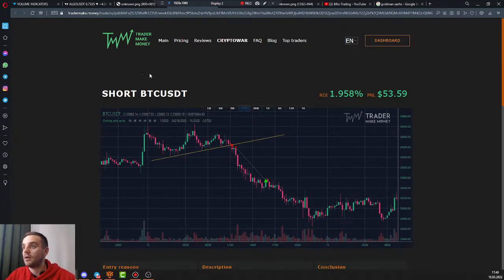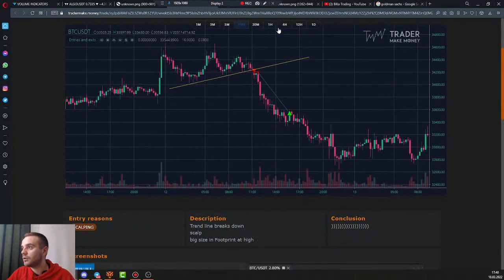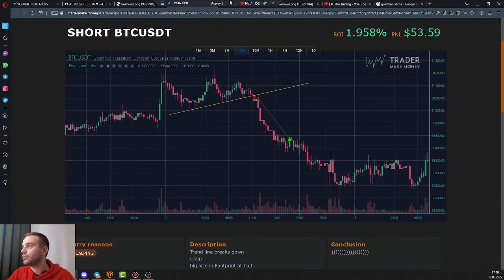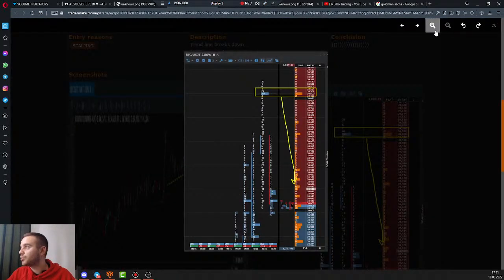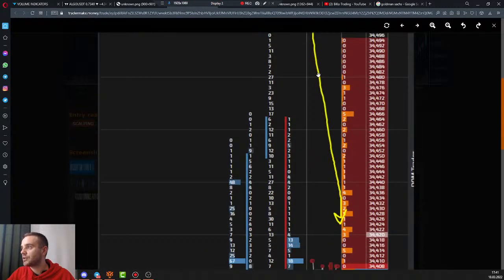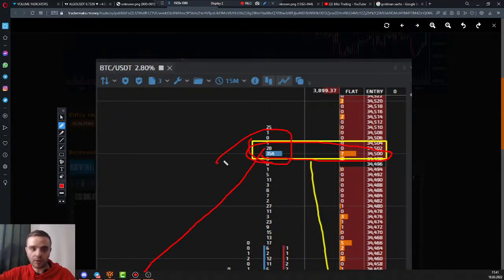Have a look. Short trade Bitcoin. And why here did I take a short trade on Bitcoin? Exactly here at this beautiful trend line breakdown. Because, my friend, when you open a footprint, you can see this picture. At 34,500 the biggest volume appears. After a significant rise, someone sold the biggest amount of Bitcoin at that time.